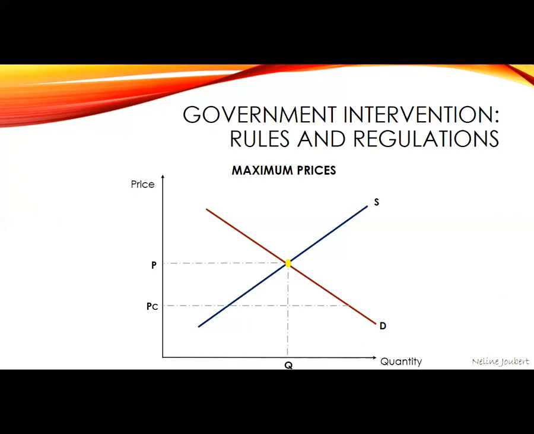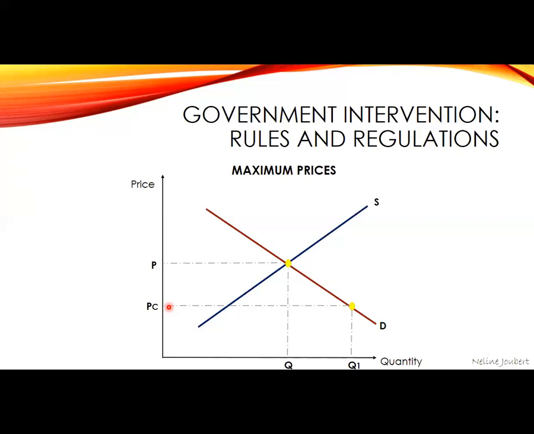Even though consumers and producers agree on this market price for these goods or services, the government steps in and says, this is the ceiling price. As a producer, you are not allowed to charge more than this price for the good or the service. The ceiling price just states, you cannot go higher than the roof.